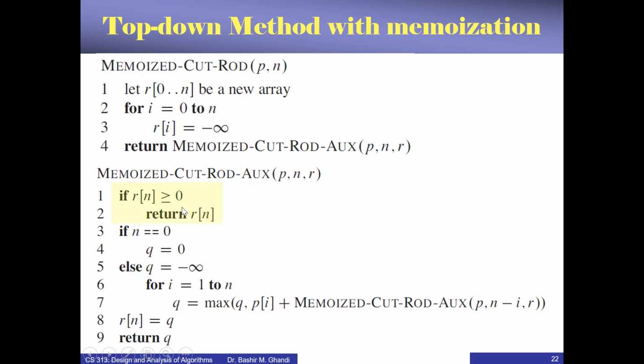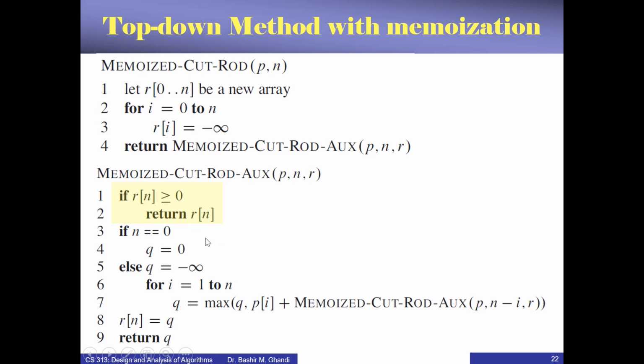As you can see, the first thing it does, and this is very important, if it comes in with n and the array, it first checks: is the value at Rn greater or equal to 0? If it is, terminate the recursion immediately and return the value in that array. So no recursive call will be done if the value was computed earlier.